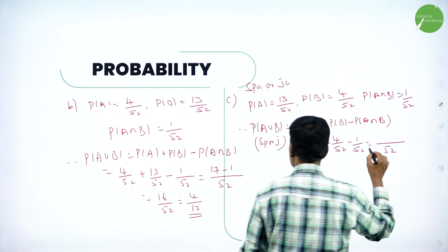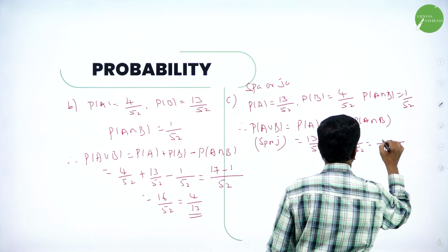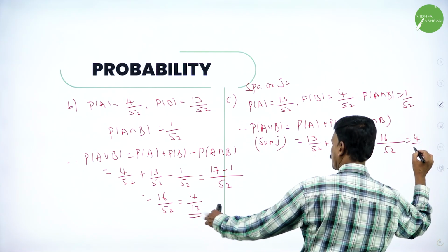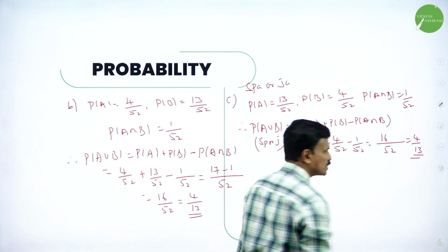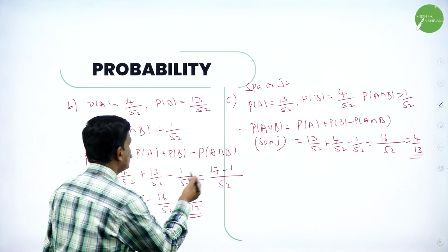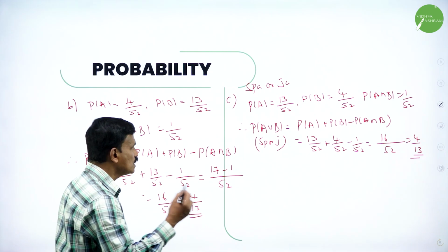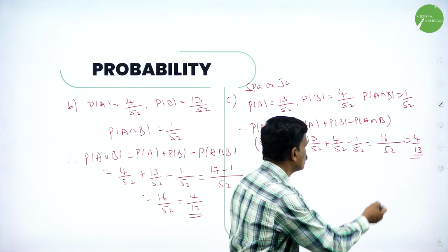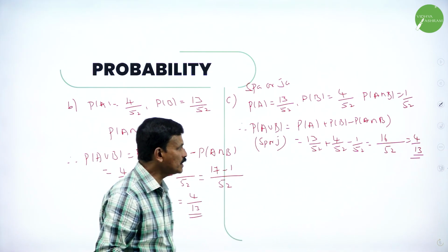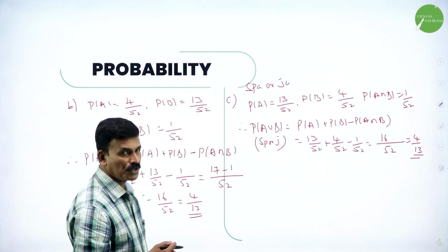If you simplify, you will get 16, so that is nothing but 4 divided by 13. So the same answer. For B and C, probability of a king or a club is equal to 4 by 13. Similarly, the probability of a spade or a jack is also equal to 4 by 13. That's it. Now move on to the last one.